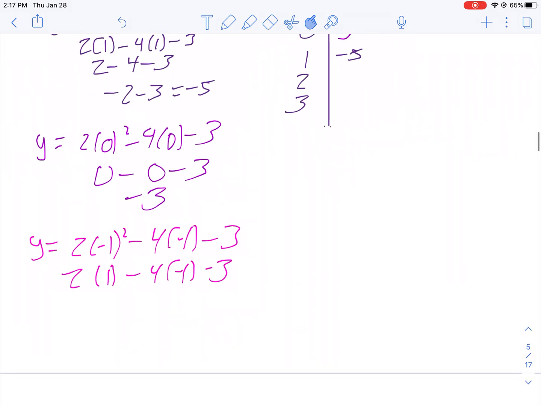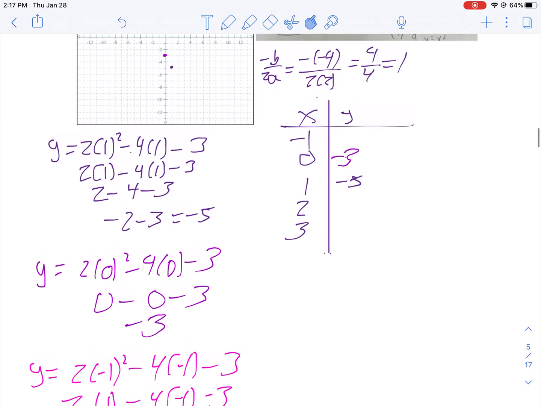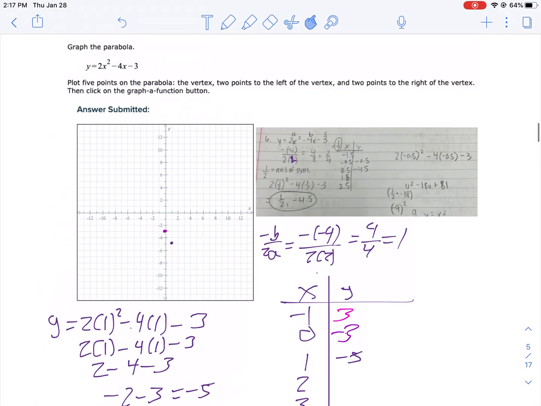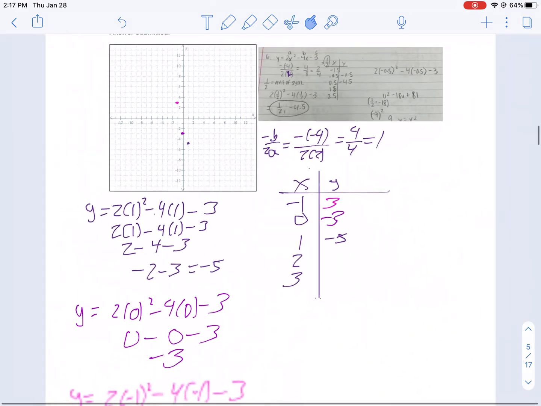So we get 2 times 1, which is 2. A negative times a negative is a positive 4 minus 3. 2 plus 4 is 6, minus 3 is 3. So I'm going to graph negative 1, positive 3. And there's that point.